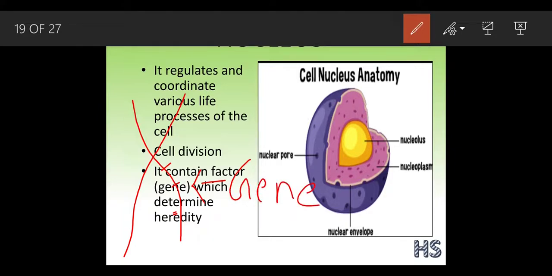Now, what are chromosomes? These chromosomes are the highly coiled form of the chromatin fibers. When they get condensed, it forms an X kind of structure like this. This is known as the chromosome, which has a particular amount of genes on it.